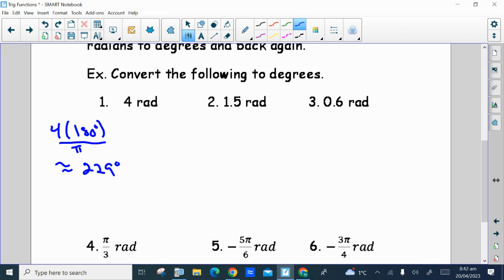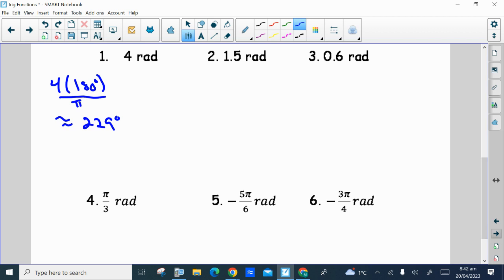So we're going to see 2 different types of angles in terms of radians that we're going to convert. For these first 3, you just have the number of radians as a rational number. But the ones below are multiples of pi, and we'll handle those a little bit differently. For the ones above, again, to go from radians to degrees, you multiply by 180 and divide by pi.